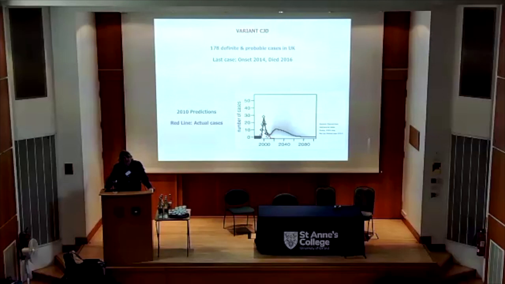But all the grey shading around it indicates the error likelihood. So there could have been many more cases than that black line, as you can see by the big grey peak, and substantially fewer cases as seen by the lower grey area. But the red line shows what we've actually observed. And all I can say is it's well below any of the even most optimistic predictions made at that time.